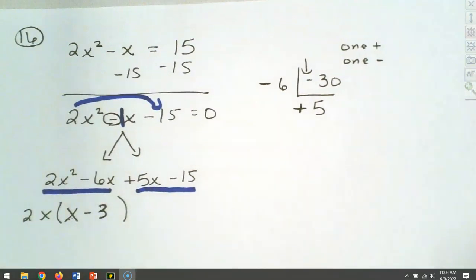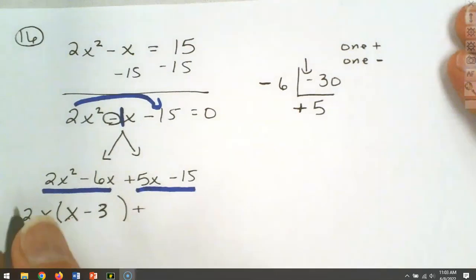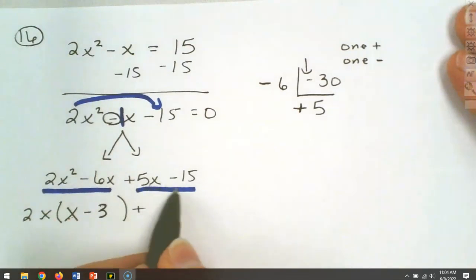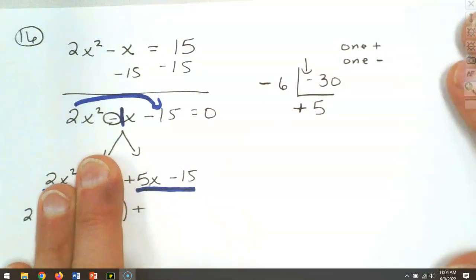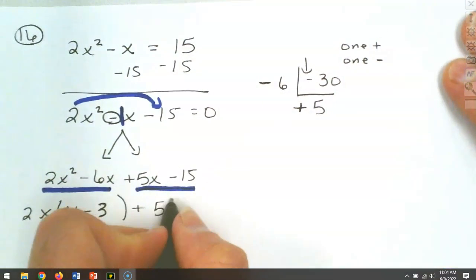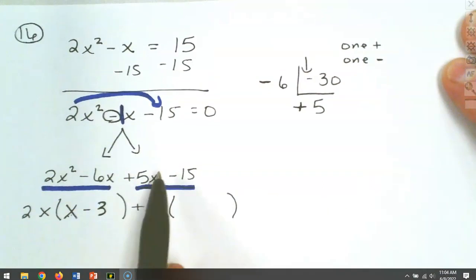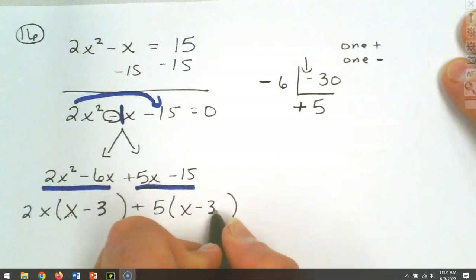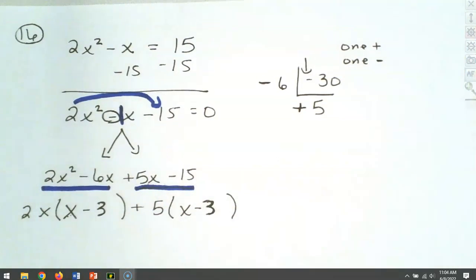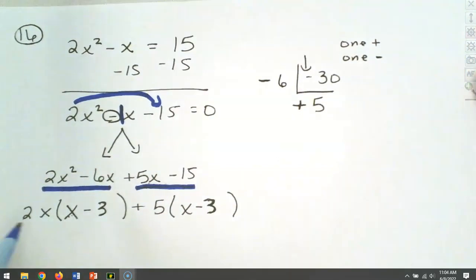So what can come out of the next two pieces that I've got underlined? Well, yep, look what I've got here. Don't even worry about that. What can come out of here? 5. Okay? And what is that going to leave you with if you factor out the 5? Yep, x minus 3 again, right? And that's what it should be. Are these parentheses the same again?